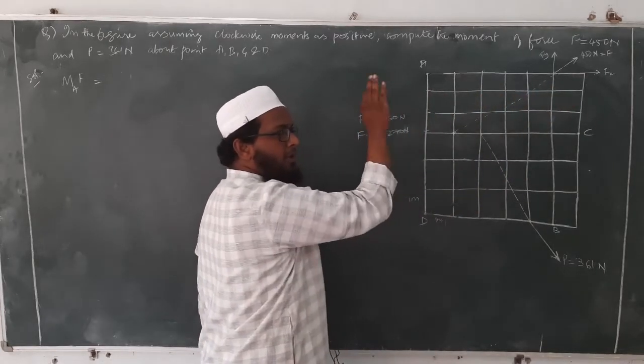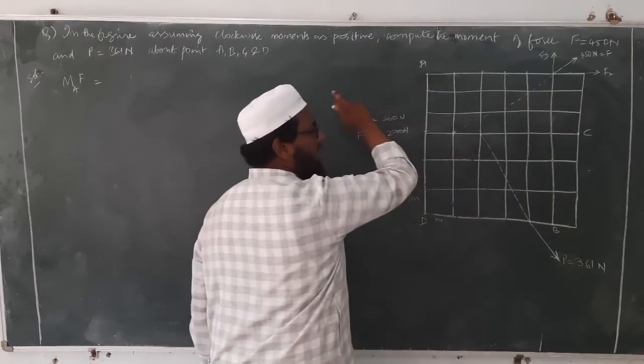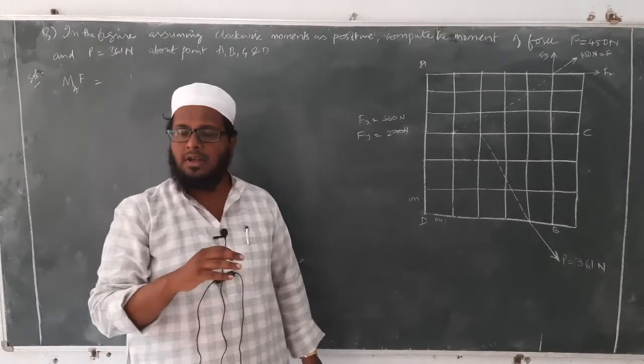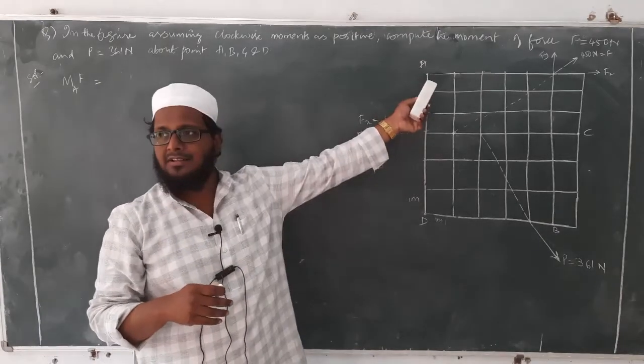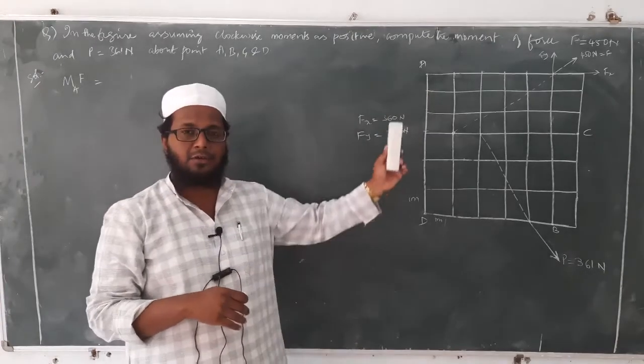So there is no perpendicular distance. Fx is passing through point A. So what will happen to the value of Fx? There is no moment due to the force Fx.